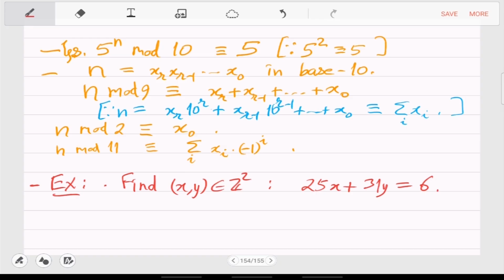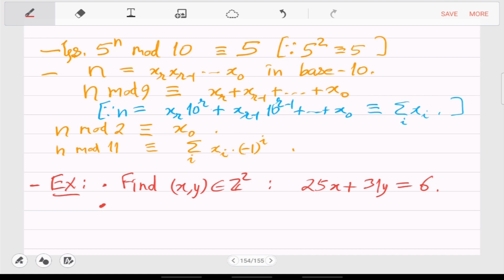Let me not do this. This is an exercise. Such systems are called Diophantine equations because you want integral solutions. Okay, so integral solutions are a bit different from linear algebra solutions. There you want real solutions, but here when you specify integral, the question becomes harder.